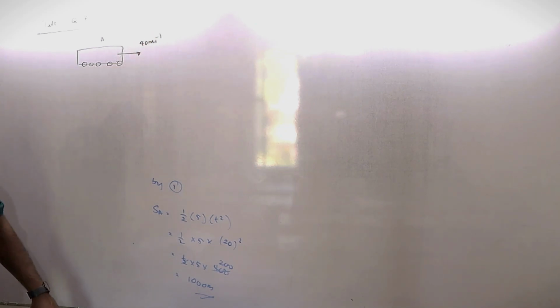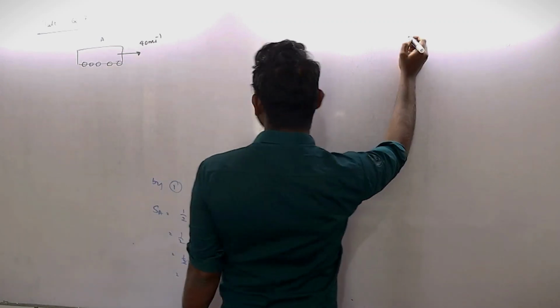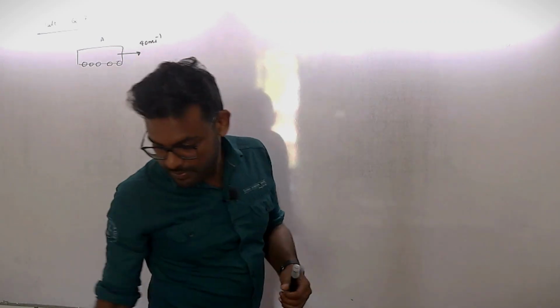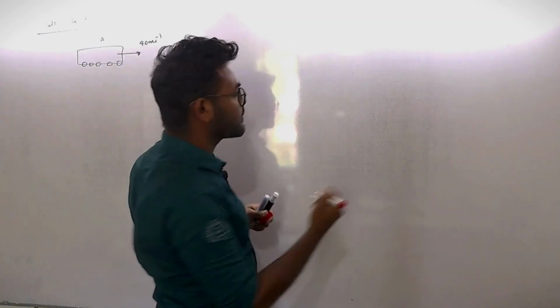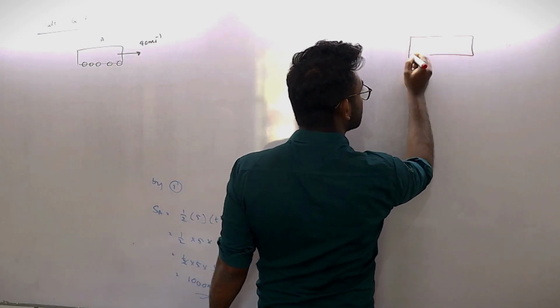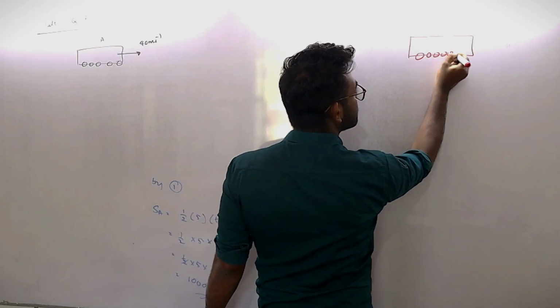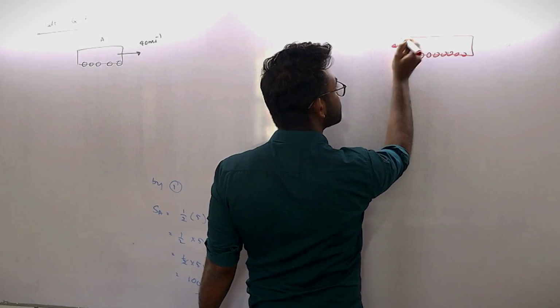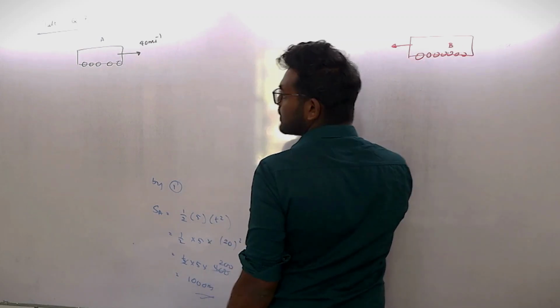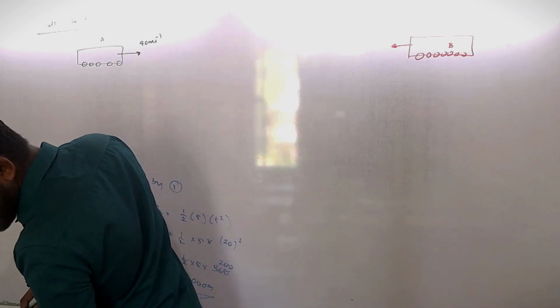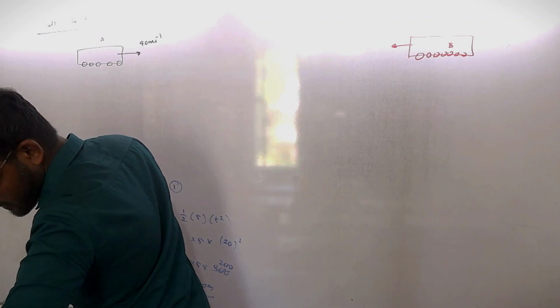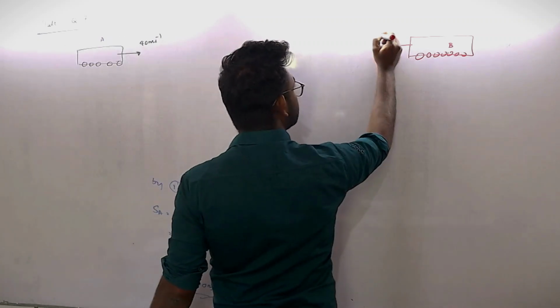And the train B moves with the velocity of. Okay, this is B moving with the velocity of 20 meters per second.